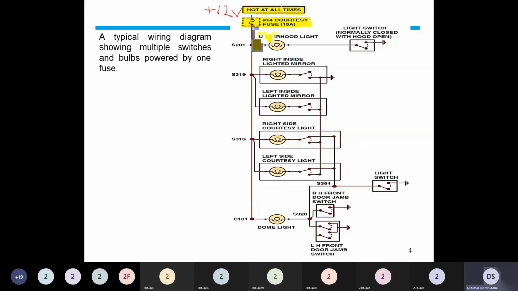For example, we have under hood light, then right inside lighted mirror, then left inside lighted mirror, right side courtesy light and left side courtesy light, and then the dome light. These are some of the lighting loads. और ये जो lighting loads हैं, they are all bulbs.